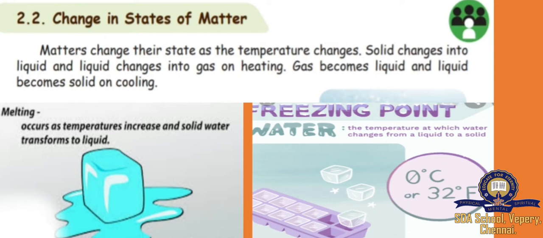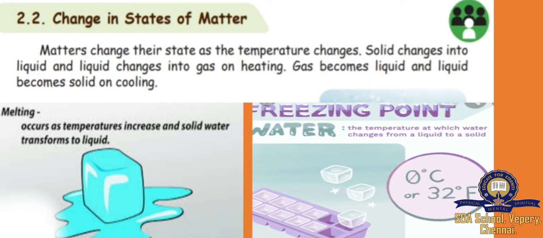Examples for both are ice cubes. If we take the ice cube outside, it will start melting. If we keep water inside the freezer, it will start freezing and become ice cubes, which are solid.